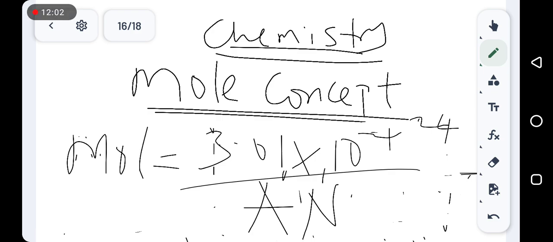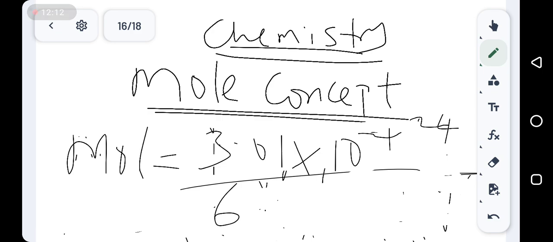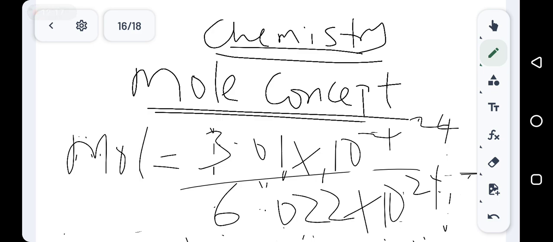Now here we have Avogadro's number, which we know as 6.022 times 10 raised to power 23. When we divide this, we get 5. So the answer is 5 moles.